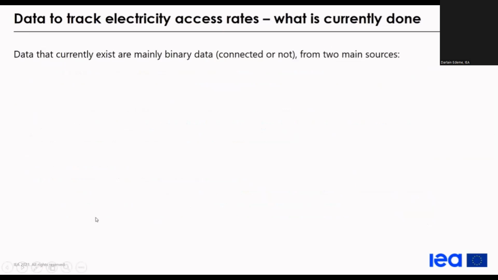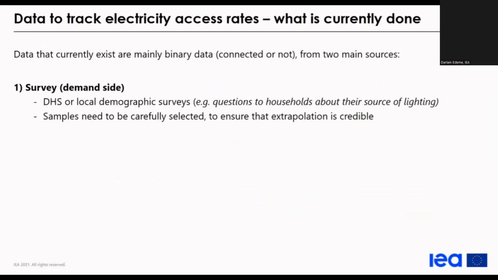There are mainly two sources for tracking electricity access, and this is what is currently done today. The first source is surveys, and this is reflecting a demand side vision of access, with DHS or local demographic surveys asking households their source of lighting and getting an understanding whether households have or have not access to electricity and which source is providing electricity: grid, mini grid, solar home system.